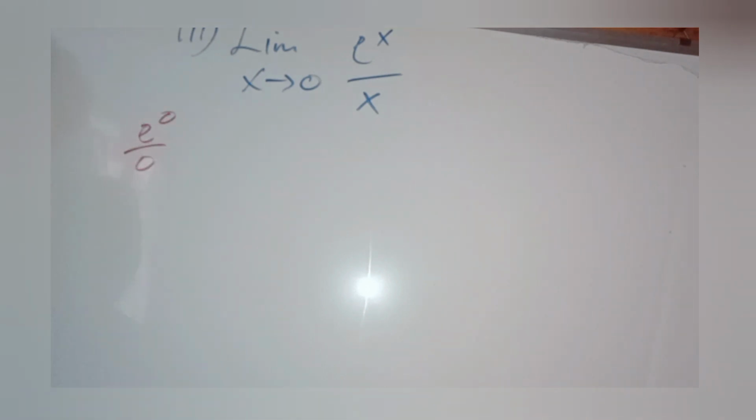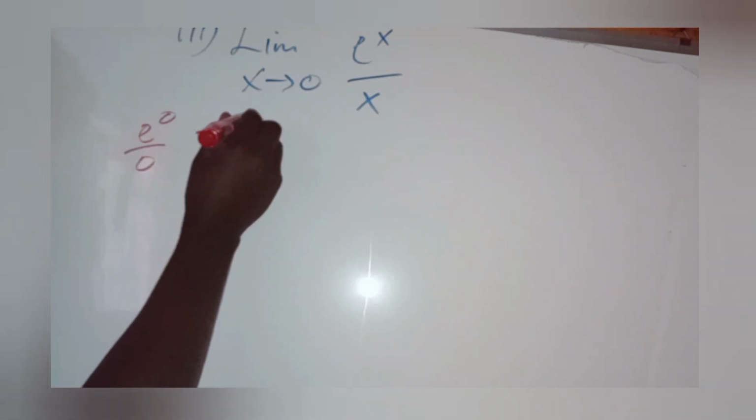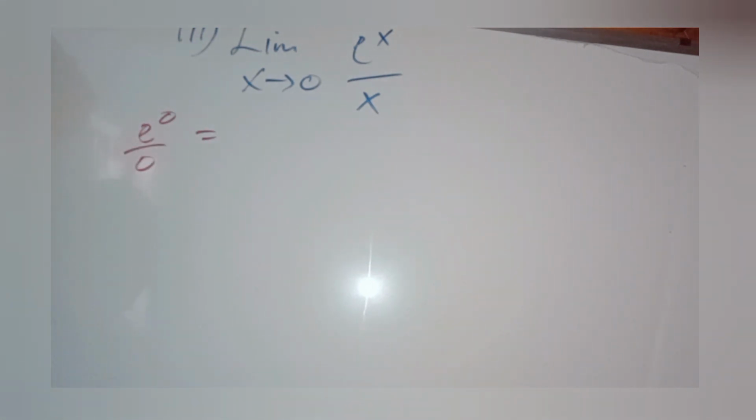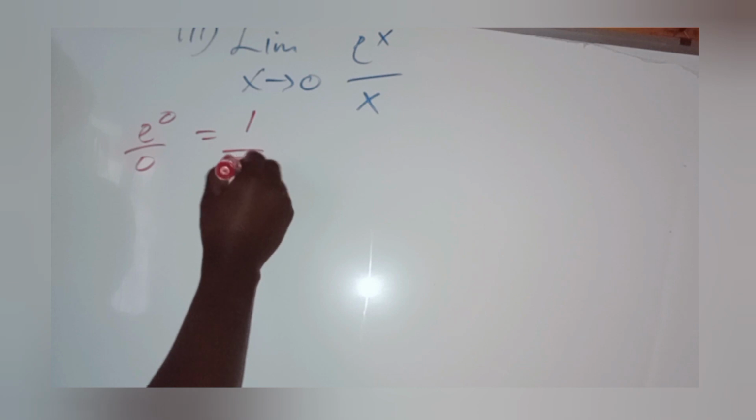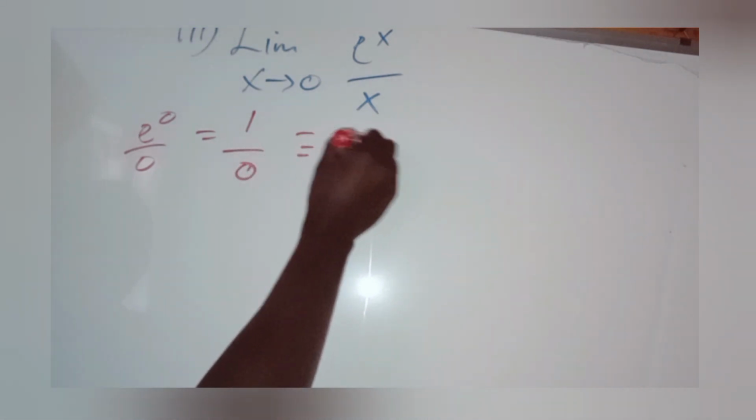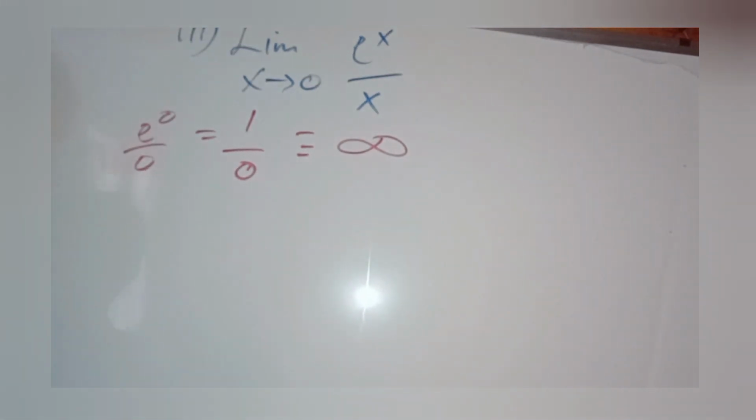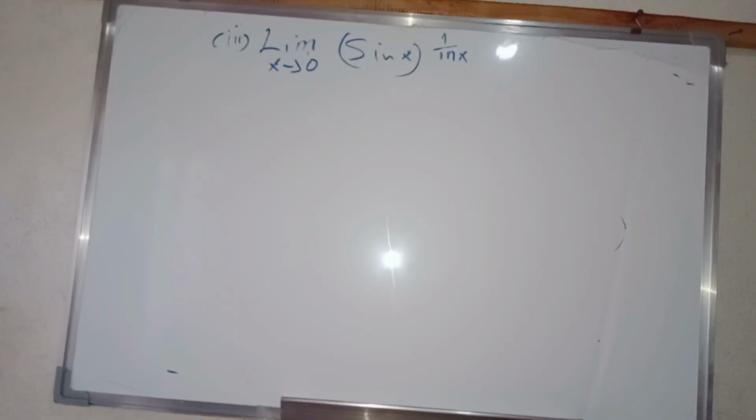Any number raised to the power 0 automatically is 1. So 1 divided by 0 is equivalent to infinity. That one was so simple. Your answer is infinity. That is your required solution directly.